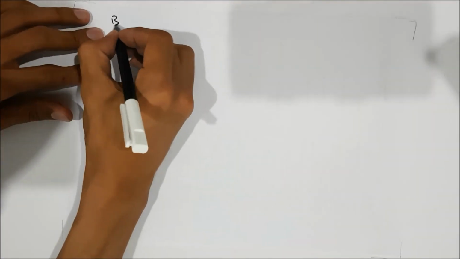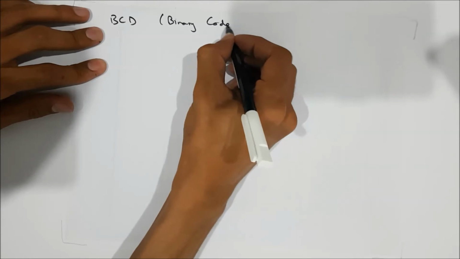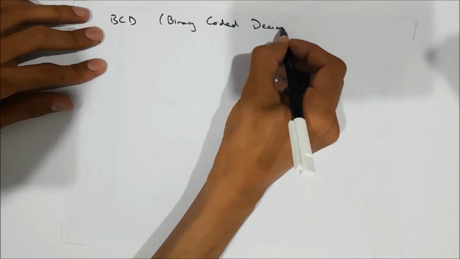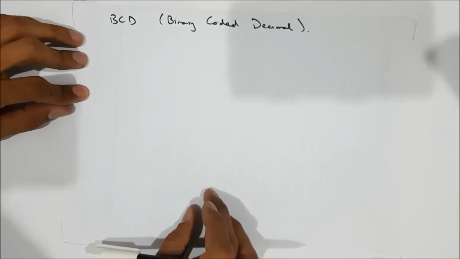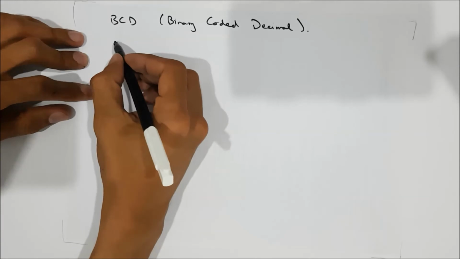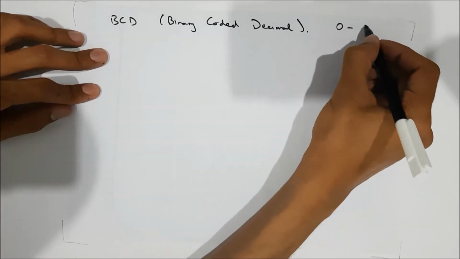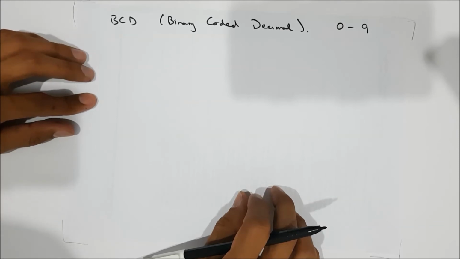Then finally, let's talk about BCD numbers, binary coded decimal numbers. BCD numbers are used in our everyday life, and these numbers range from 0 to 9, and they are solely meant for human interpretation.